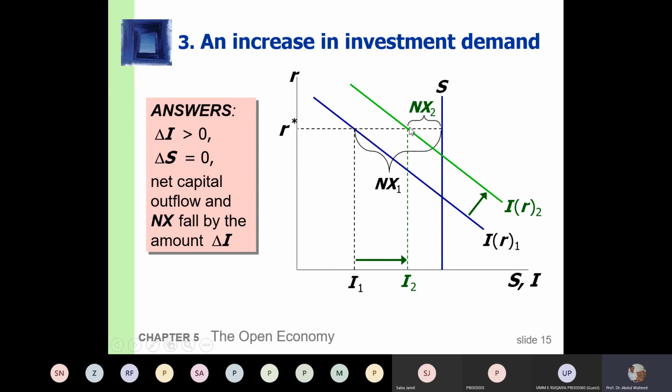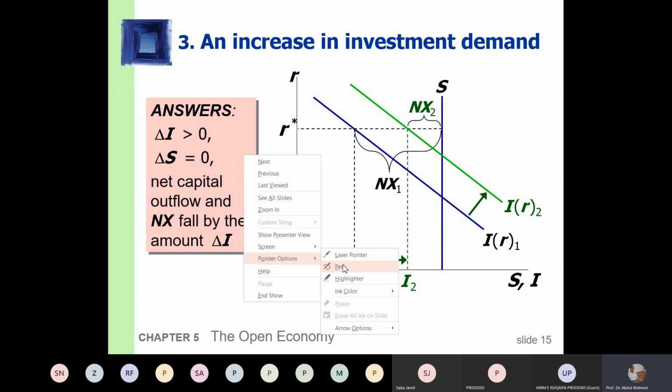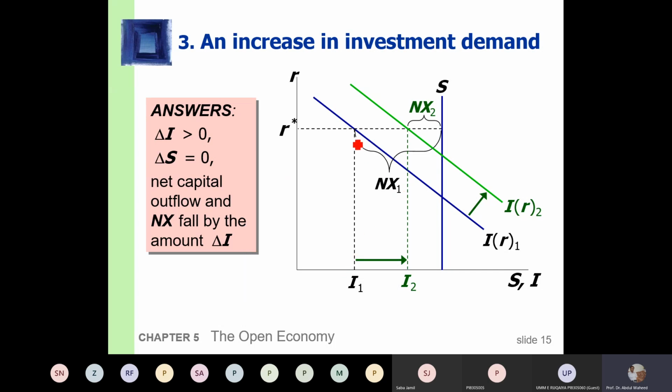So the new net X is this much, so this is the decrease.